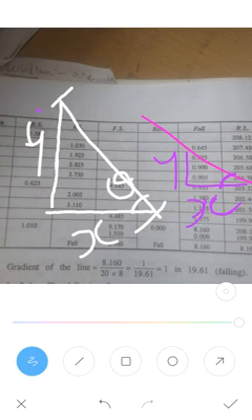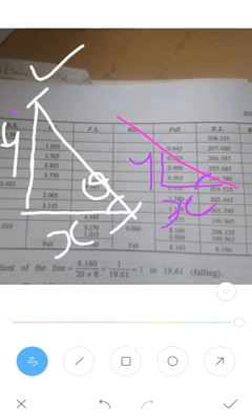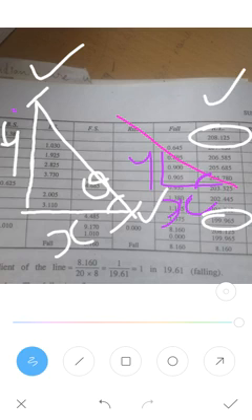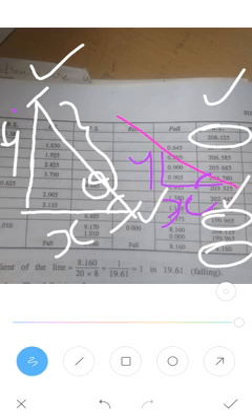So now this point is 208.125. The last point, this one, is 199.965. The difference between these two is 8.160. That is the length of this one. 8.160 is the length of this one.